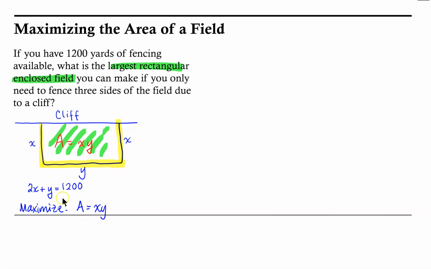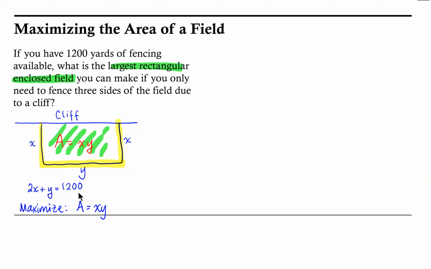So notice that our area function is a function of 2 variables. However, we do have this constraint that we can use to help us rewrite our area function as a function of 1 variable. It will also allow us to ensure the relationship 2x plus y equals 1,200.